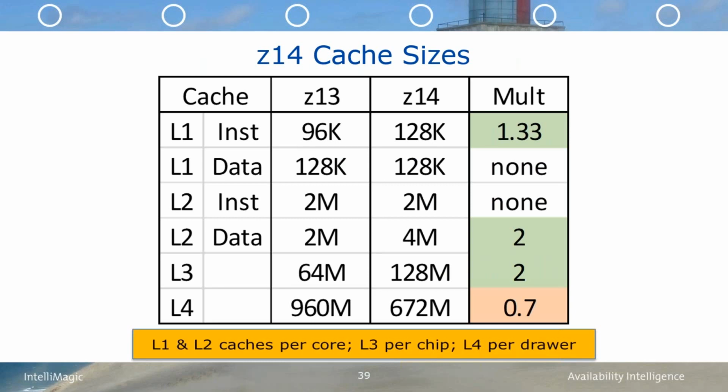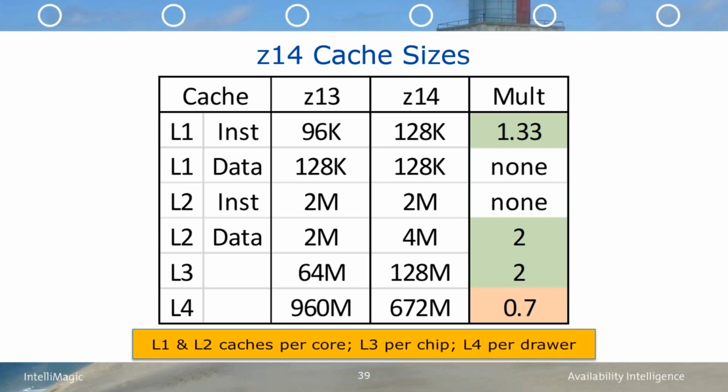The Z14 delivers several cache size increases as highlighted here in green. The increases are in level 1 instruction cache, one third larger, level 2 data, which doubles, and level 3, which doubles. We mentioned earlier that the Z14 cache has been unified, enabling point-to-point connectivity between all the level 4 caches.